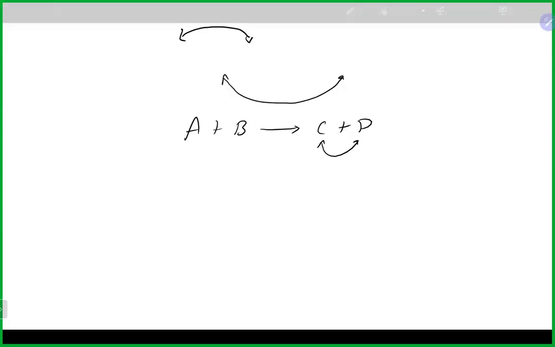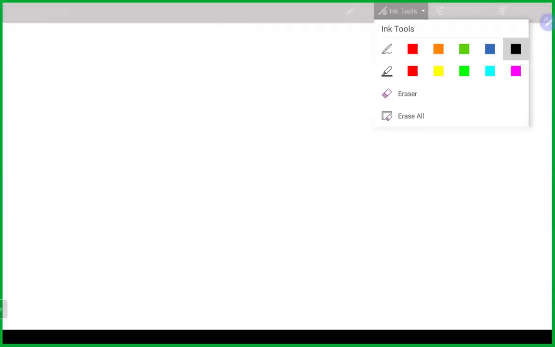Let's say we had this equation. So let's say we got a little N2 plus some H2 goes to a little NH3 action, a little bit of that there, a little bit of that there.